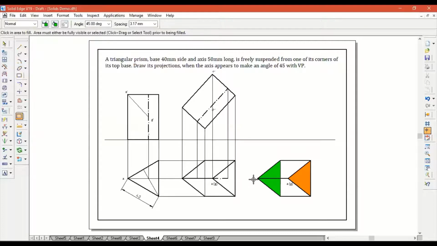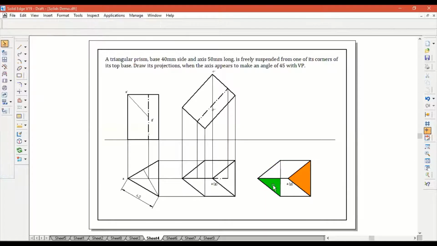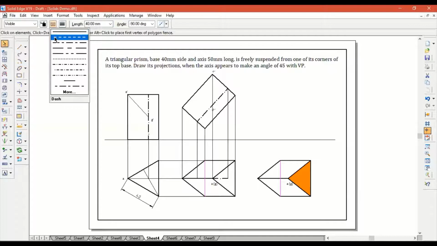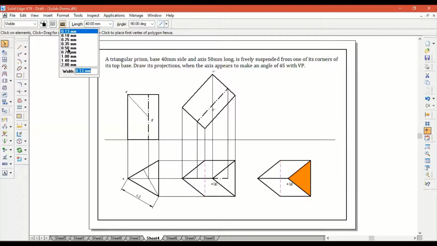Okay, and remember, the bottom base is placed in such a way that this edge here is the edge on which the object is resting, which means that it is an invisible edge.